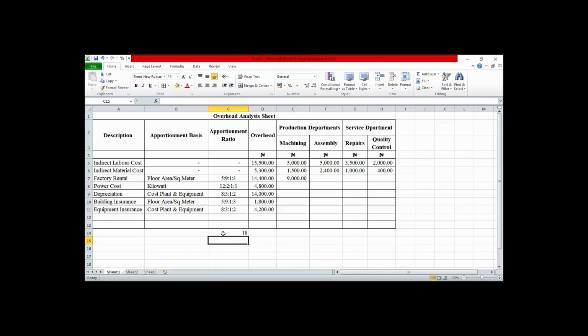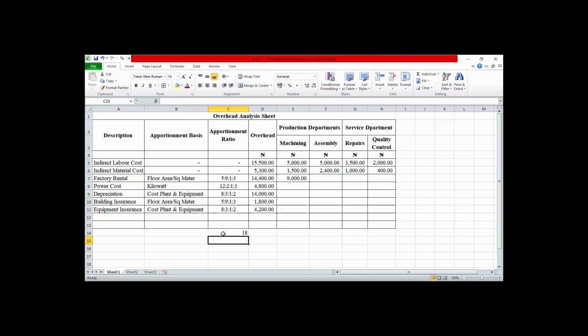Machining owns 5. You will now say 5 divided by the total ratio, which is 18, times the overhead, which is the factory overhead that you have, 14,400. Then your answer there will now be 4,000.